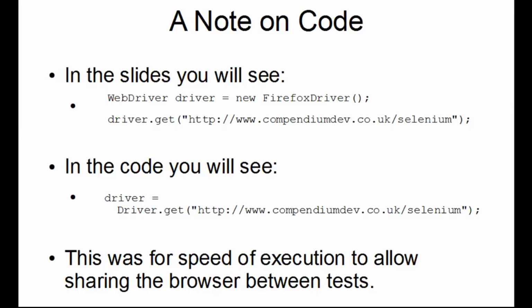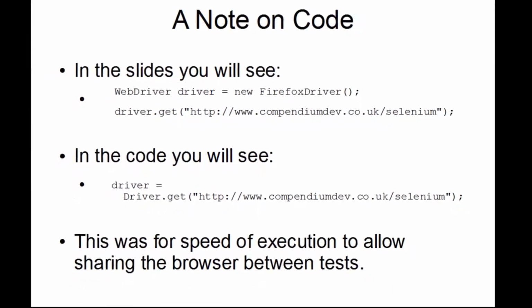So what I've done is I've abstracted away the getting of a driver into another class, and it will maintain that driver so I can reuse it between sessions. I will, in a couple of lectures time, drop down into that WebDriver class so you can see that. But here, just be aware that the examples will probably have the Firefox driver being instantiated, but when you look in the code, I've abstracted it away.